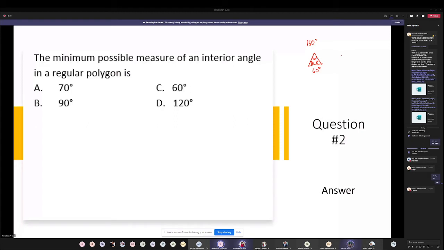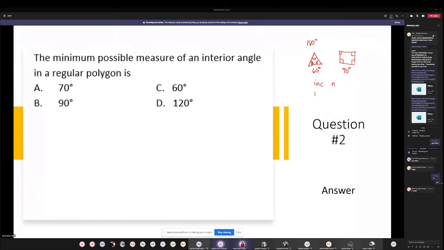If you have a four-sided polygon, a square, since we're talking about regular polygons, we know that each interior angle is 90 degrees. So the measurement of each interior angle increases as we increase the number of sides, or n.